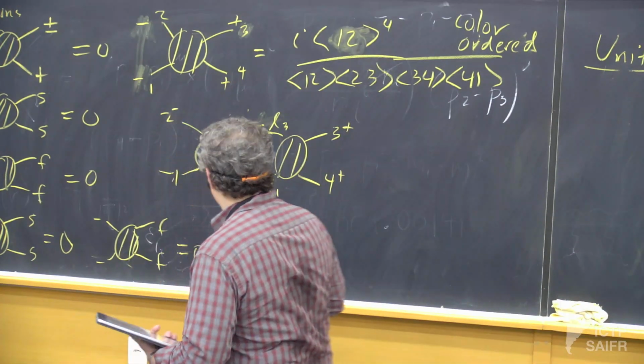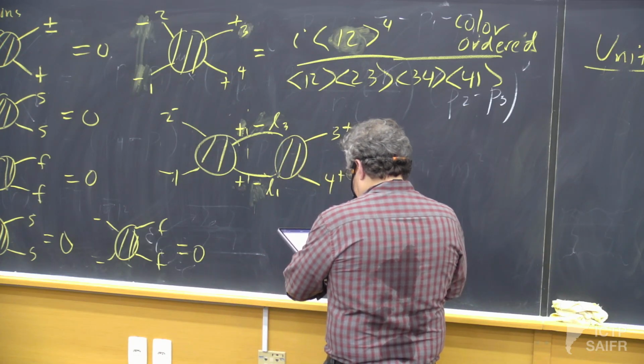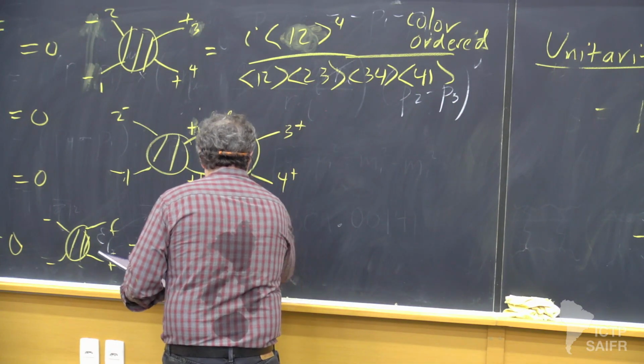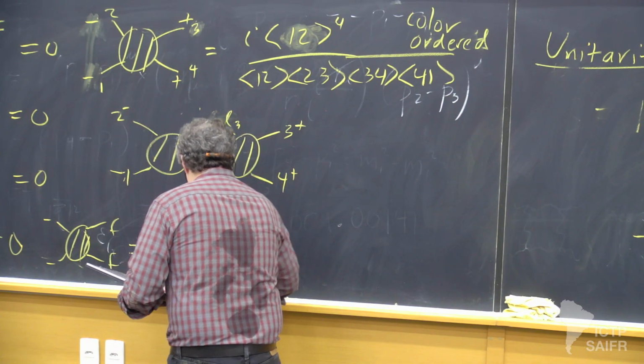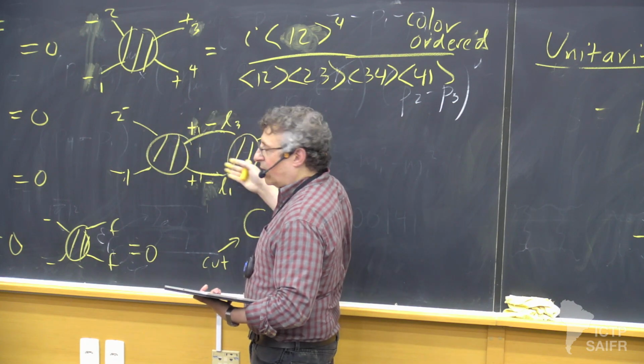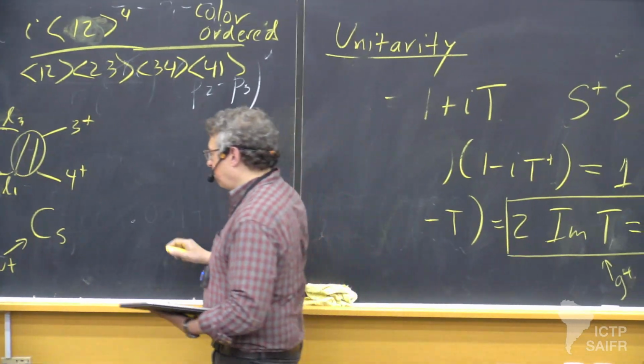Okay? So I can now write down the answer for the cut. Okay? So the cut, we'll call it cut. See, this is the cut. And what the cut means is the product of amplitudes summed over states. And ignore that phase space integral.